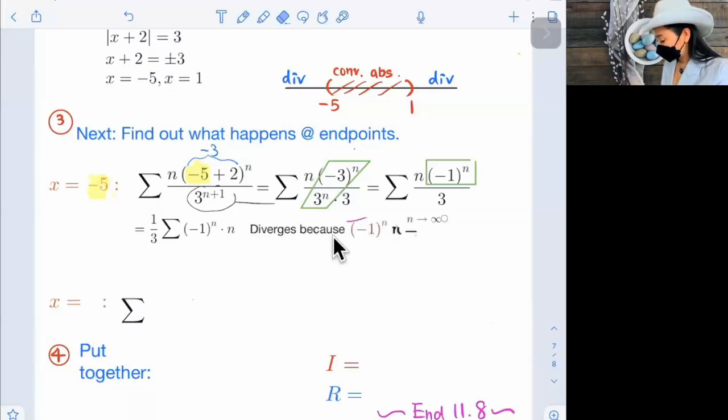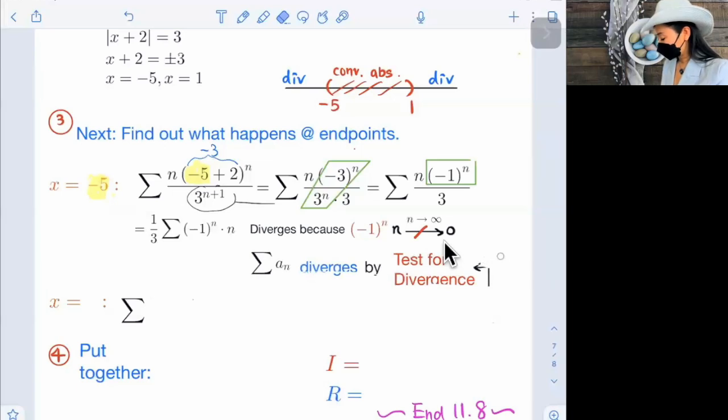So it diverges because the nth term doesn't go to 0. As n goes to infinity, it definitely doesn't go to 0. So by the test for divergence, it diverges.